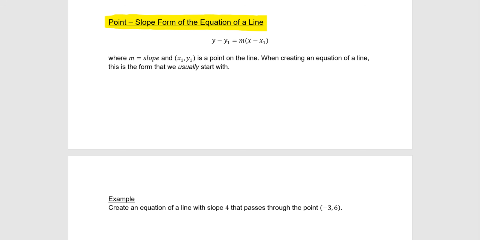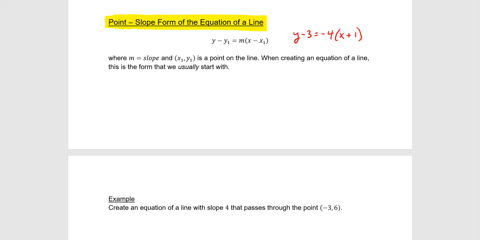Next form of the equation is the point-slope form. This form also tells us exactly what it says. It tells us point and slope. It tells us the slope, and it tells us a point on the line. So this equation is y minus y1 equals m times x minus x1. So that would be something like y minus 3 equals negative 4 times x plus 1.